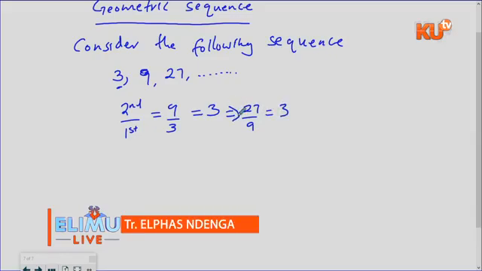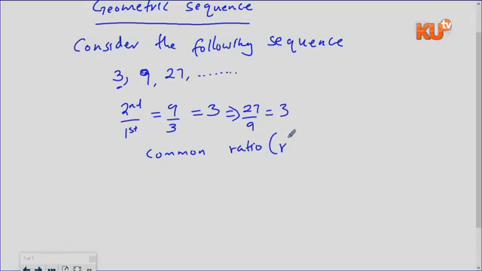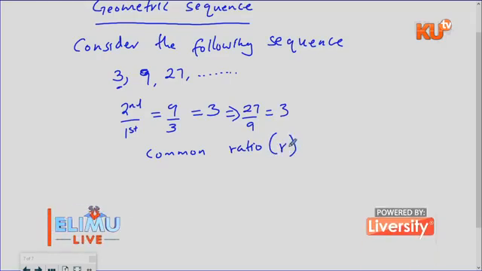And so these are equal. When we divide in this kind of case, we obtain what we call the common ratio. And for the common ratio, we use the letter R. Remember for the common difference, we were using D. And so the common ratio becomes R.